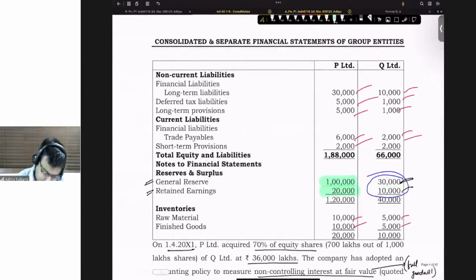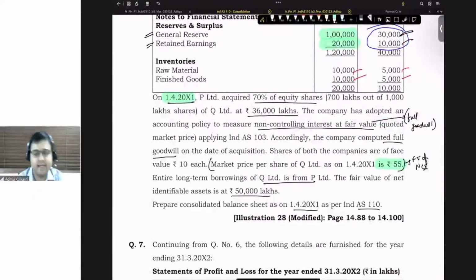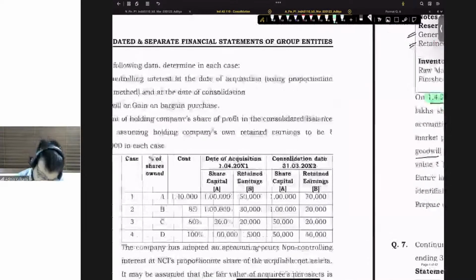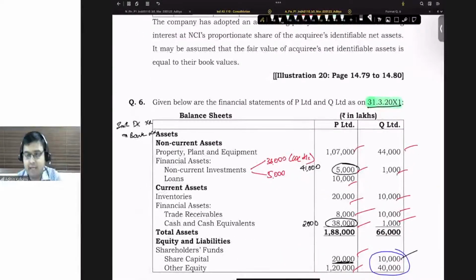The acquisition has happened on the next day, that is 1st April 20x1. So you have to give the effect of purchase of this 36,000. So effect of that purchase is going to be in the standalone books of T Limited, investment account debit to bank. So that is why this investment from 5 will become 41 and cash will reduce from 38,000 to 2,000. Cash will reduce from 38 to 2.